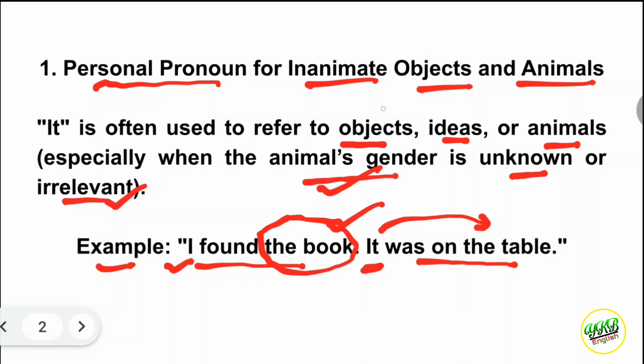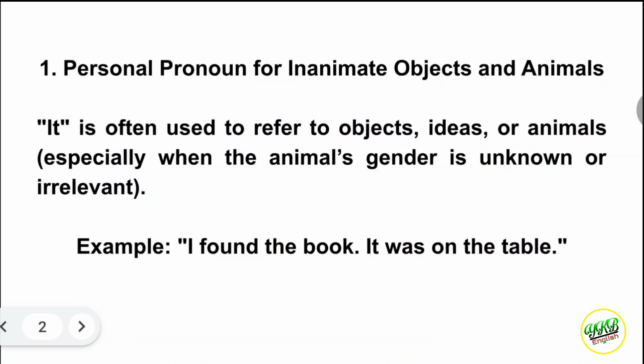So as an object here, we will use it. I found the book. It was on the table. Okay, so let's see the next use of it.